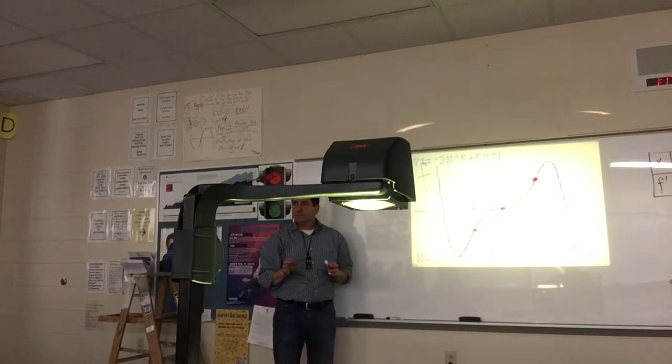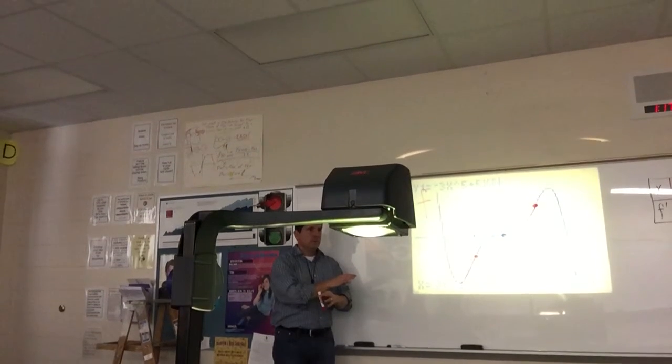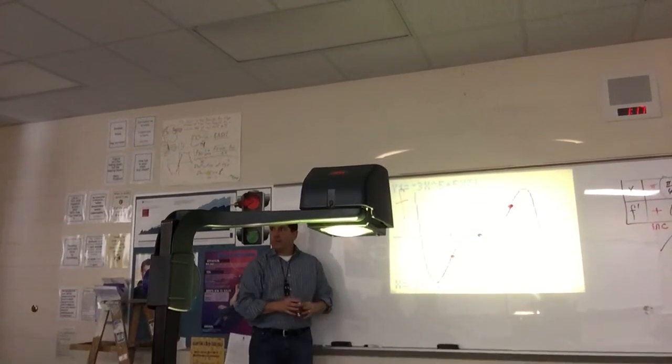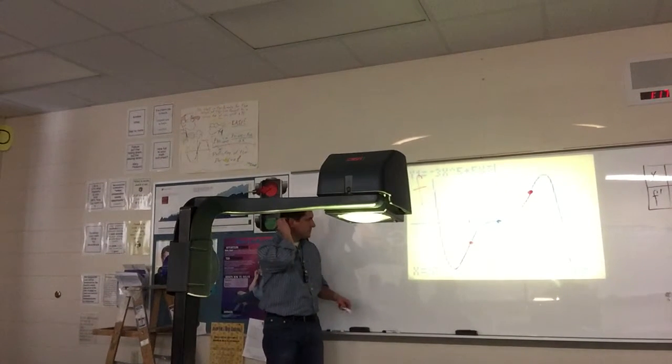Does this make sense? Okay, we're trying to draw the connection between doing it analytically, doing it visually, and using the calculator, all of those things combined. Does it make sense? Okay, let me show you one last thing.